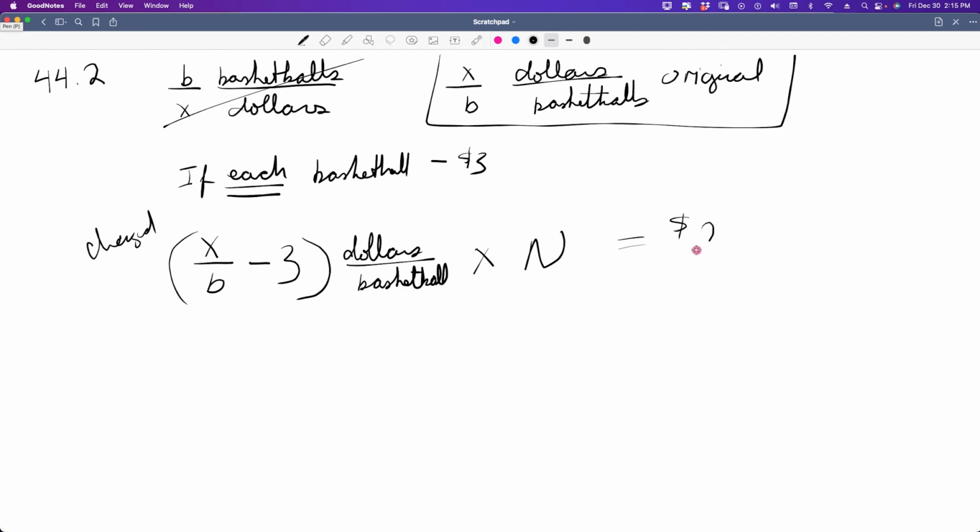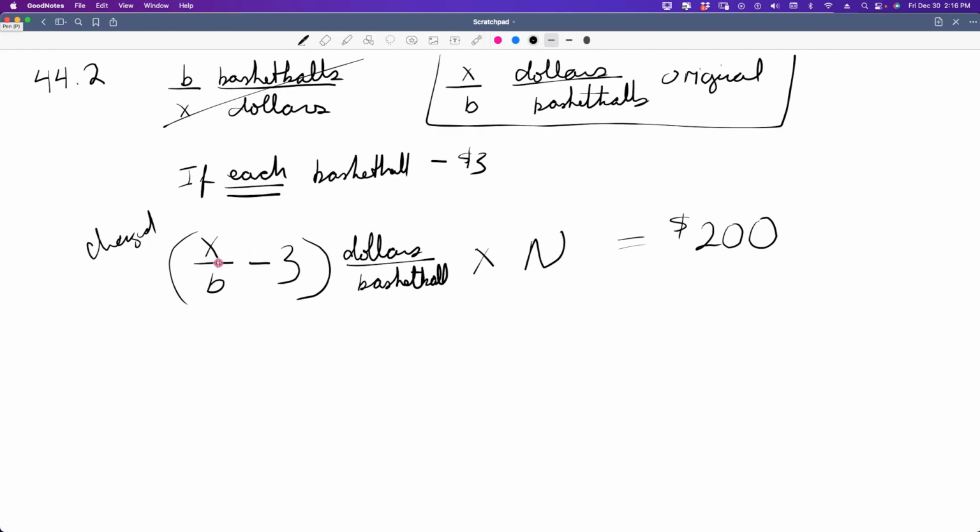That's going to equal $200. But we cannot do this calculation with this complex fraction expression over here. We need to normalize it and turn it into one fraction or one term so that we can actually perform what we need to perform.